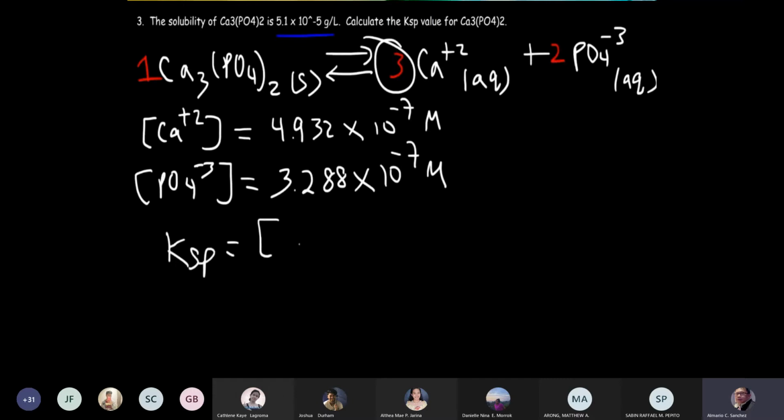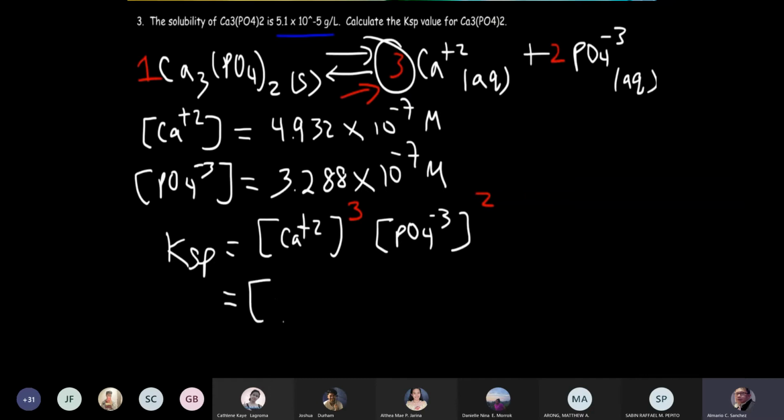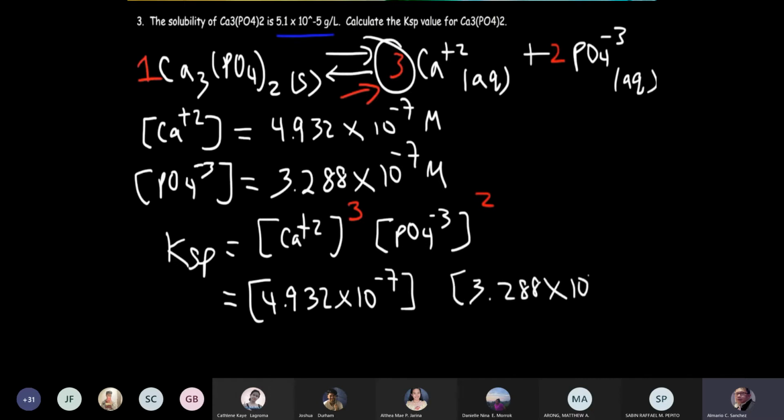So the KSP value is going to be the calcium plus 2 ion concentration raised to the third power, since we have a coefficient of 3, and then times the phosphate ion concentration raised to the second power. So the concentration of calcium, that's 4.932 times 10 to the negative 7. And for phosphate, it's 3.288 times 10 to the negative 7.